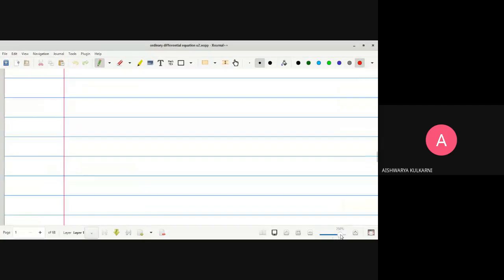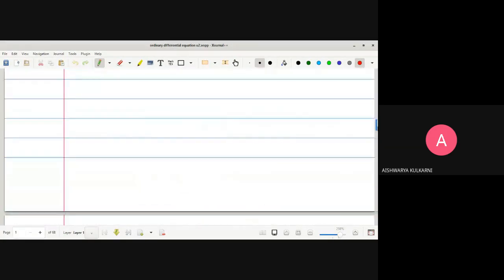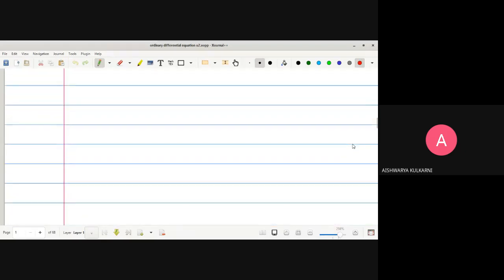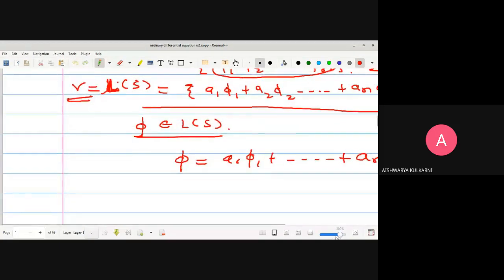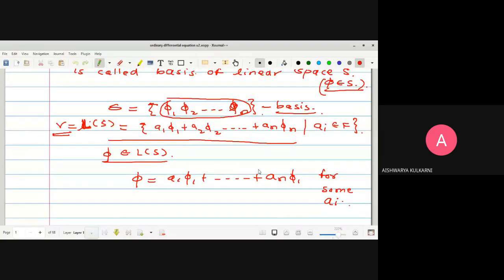Wait a minute. एकच मिनिट थांबा. Okay. Now is it visible?